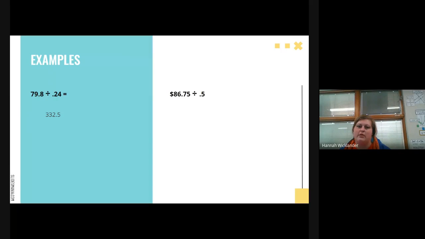Plug it into your calculator. $86.75 divided by 0.5. Put that in your calculator.